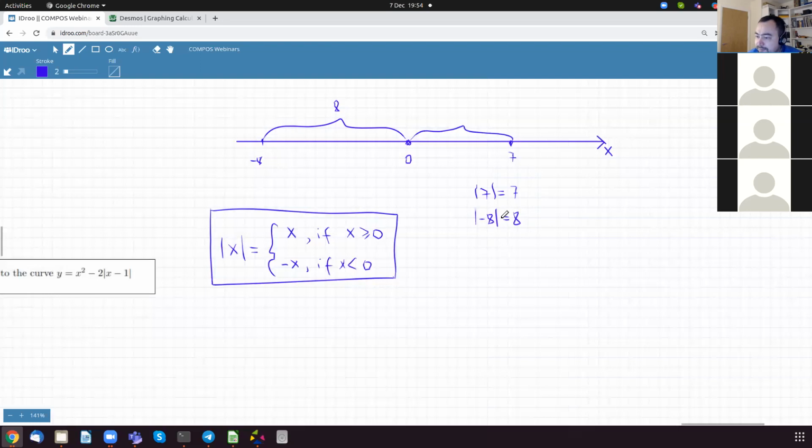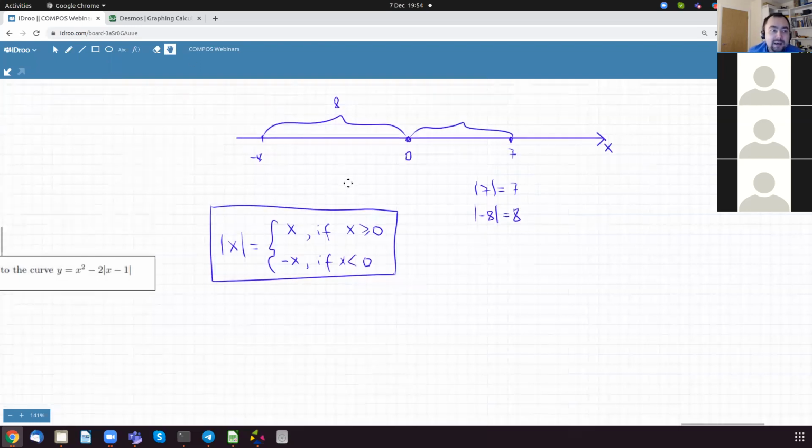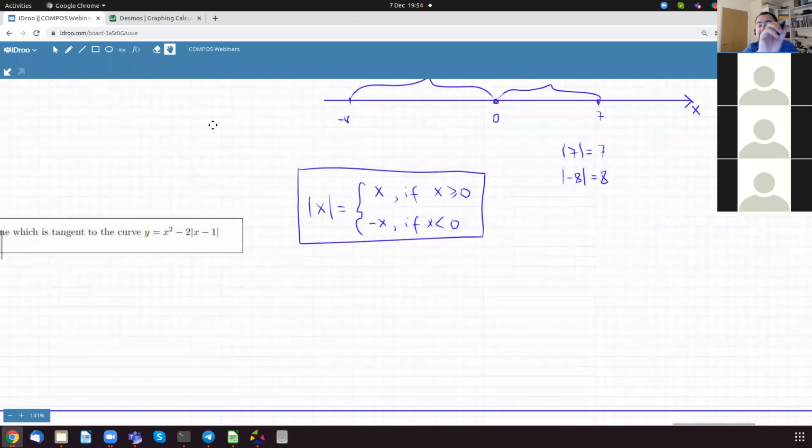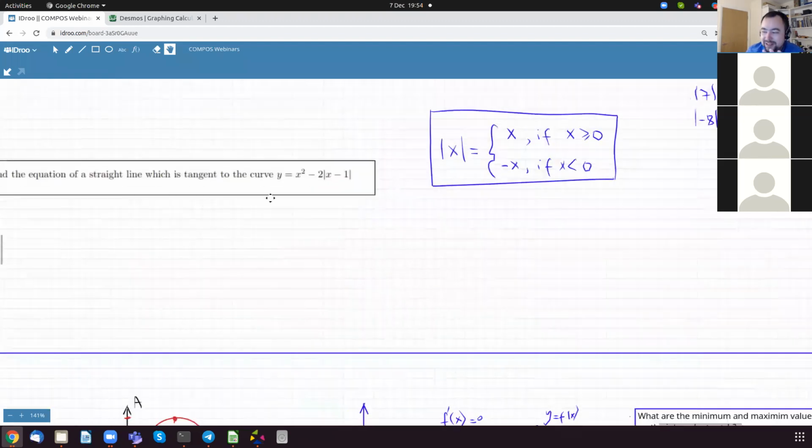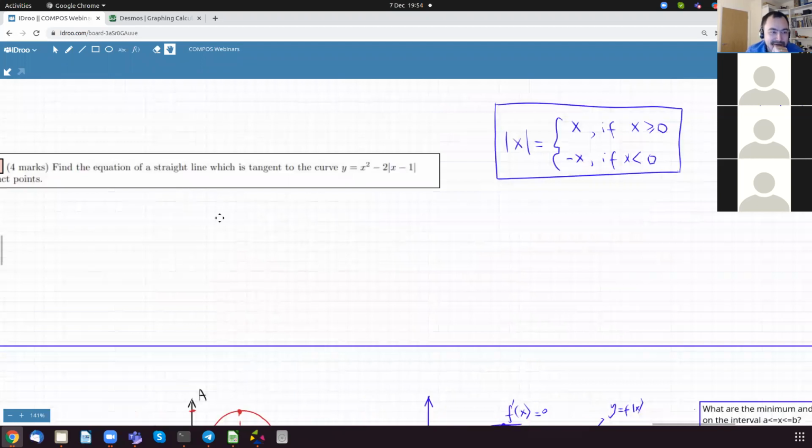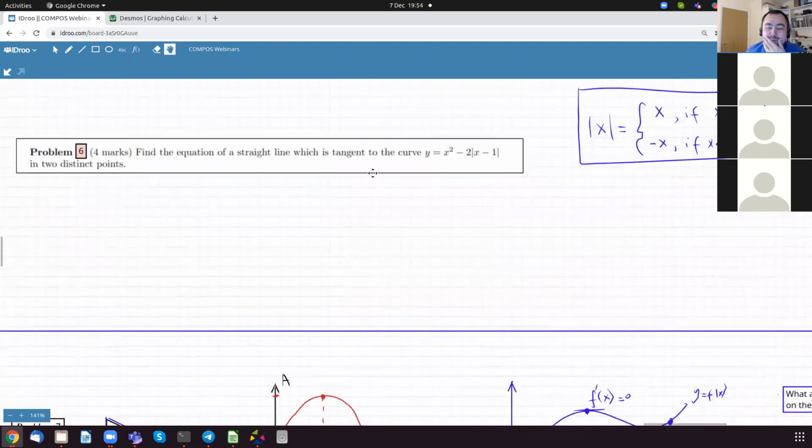Does that make sense? No. Okay. We will have a whole assignment on the modulus, so don't worry. You do not have modulus in this assignment. This question used to be in the assignment. It was removed yesterday. That's why we're doing it now.